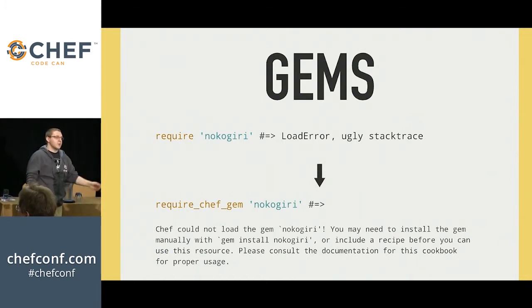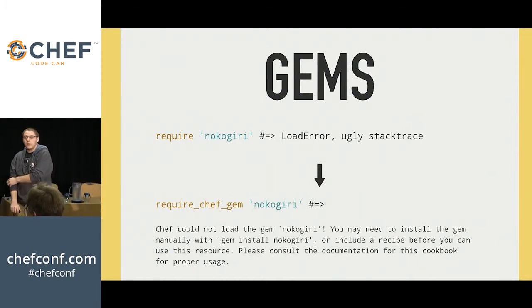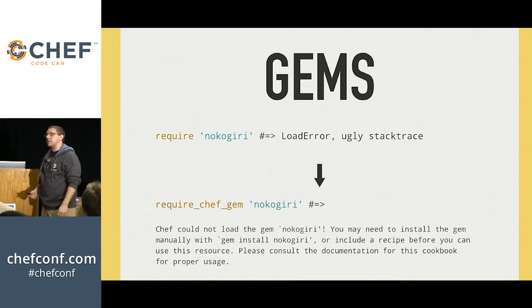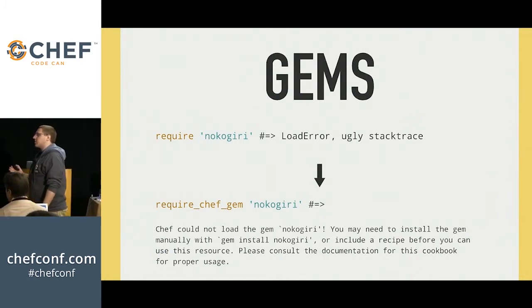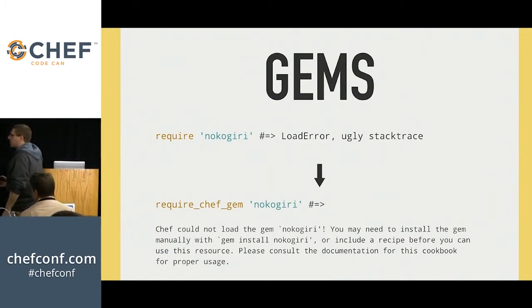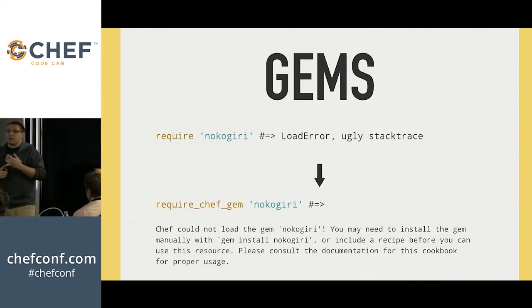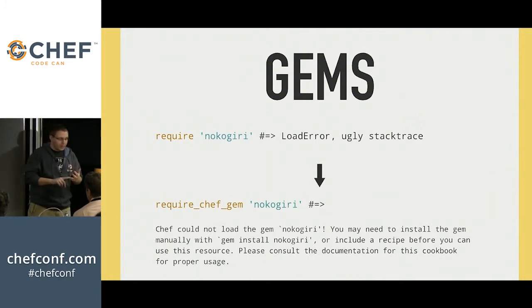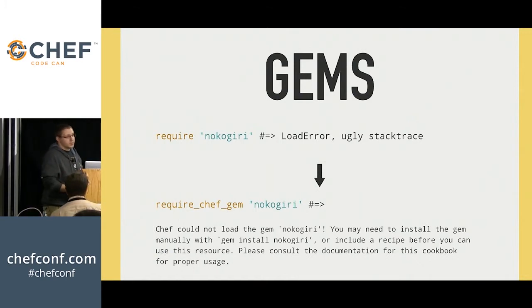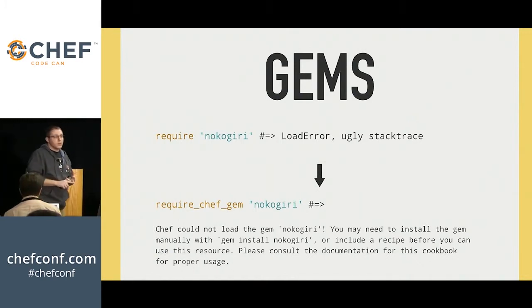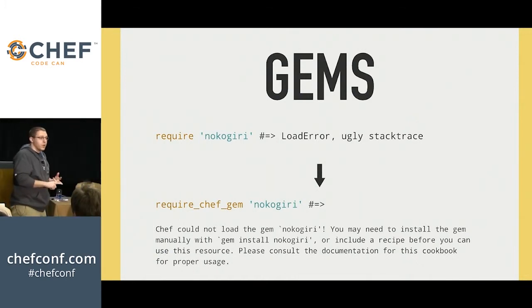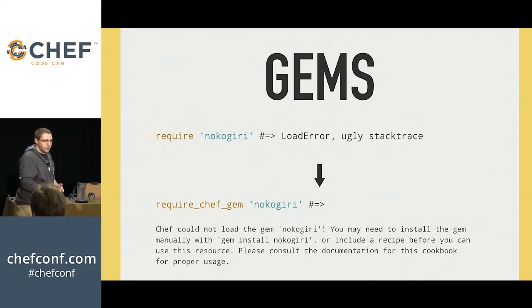Whereas if you look at RequiredChefGem, which is super simple, it just wraps require and rescues load error. It gives a simple, informative message to the user that says, hey, here's this gem that you told me to get. I couldn't do it. I don't know why I couldn't do it, but I couldn't load it. You should definitely look at the README, because RTFM, and you should definitely look at the documentation, because I bet that there's something in there that says you need to do something, that there's a prerequisite step before you can use this cookbook.